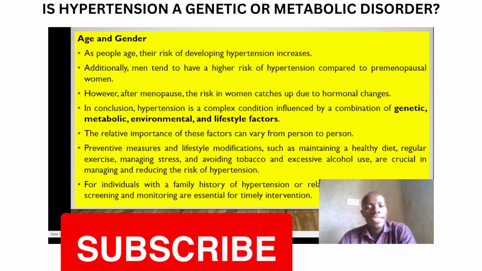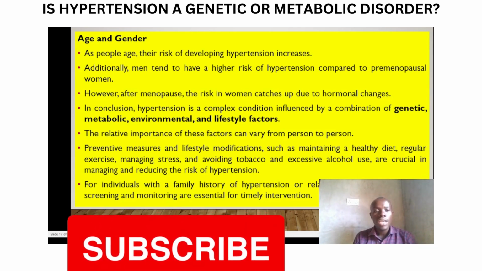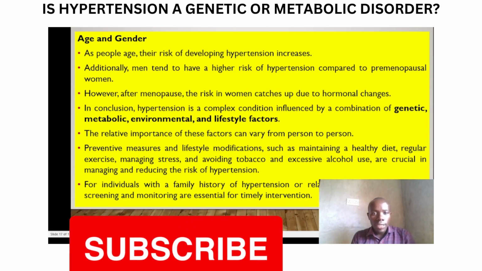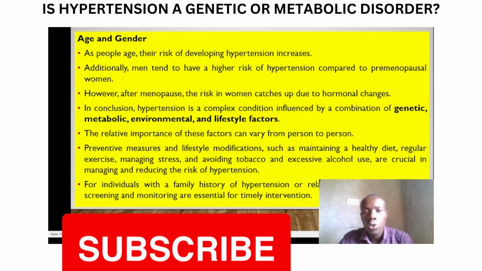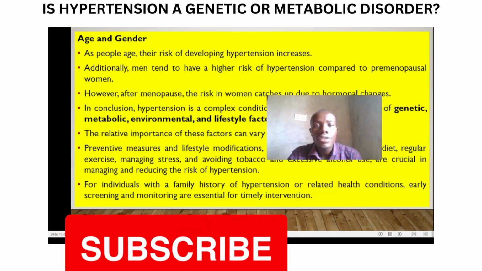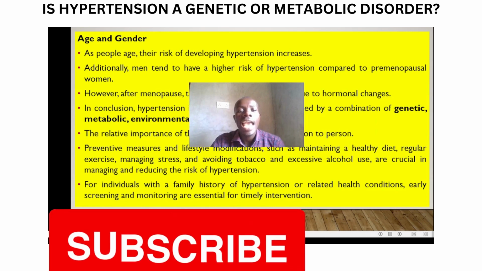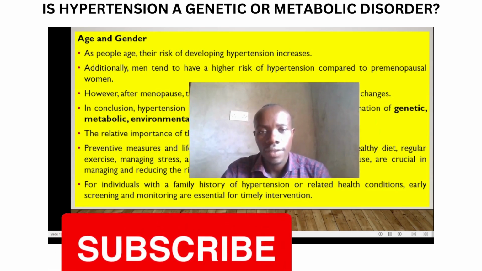So preventive measures and lifestyle modifications such as maintaining a healthy diet, regular exercise, managing stress, and avoiding tobacco and excessive alcohol are crucial in managing the risk of hypertension. So for individuals with a family history of hypertension or related health problems, early screening and monitoring are essential for timely intervention.